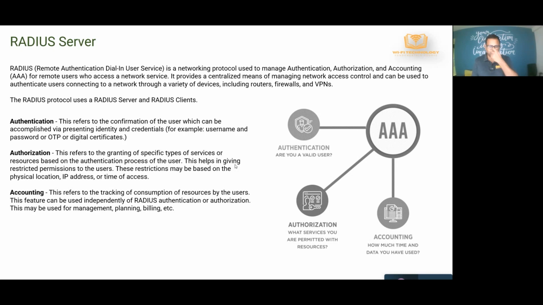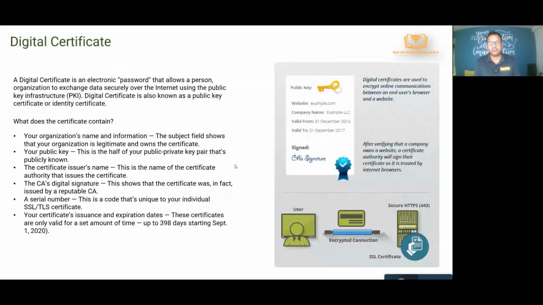The Radius server can track how many minutes the user is on the network, and based on that, they can basically do billing and prepaid, postpaid plans and things like that. All of that can be installed and done on the Radius server. It's not normally done in Wi-Fi networks, but that is also something that can be done. So normally the Radius server is used for authentication, authorization, and accounting, and it's called the AAA server. This is an important entity in enterprise security.